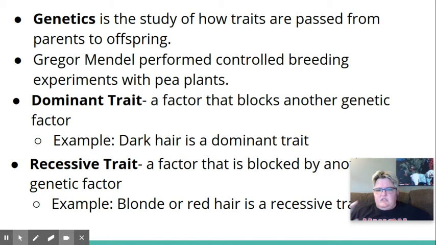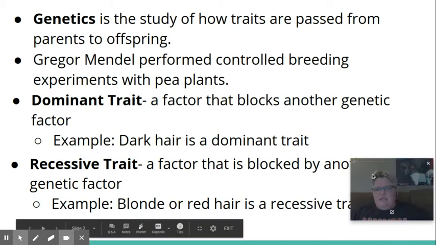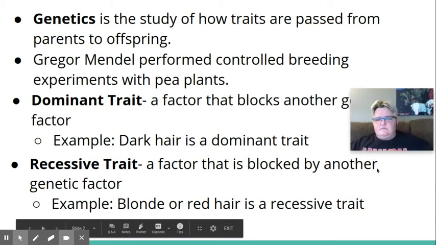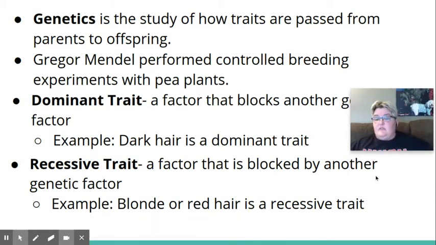Okay. And a recessive trait is basically one that is going to be blocked if the dominant trait is there. So the recessive trait is only going to show up when there's nothing else there.